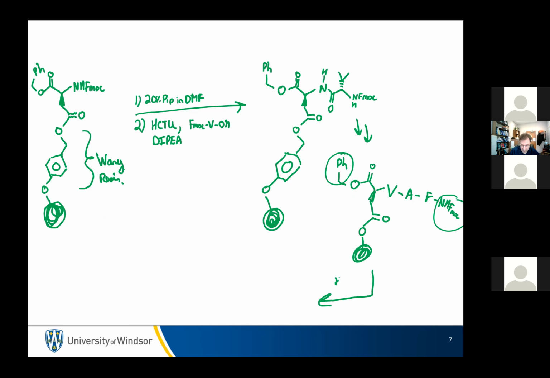So I use hydrogen gas and probably a soluble palladium source. If I use palladium on carbon, it's just on a solid support, and I'm trying to react something on a solid support with something on a solid support, and that never goes well. So palladium acetate. And then also, you know, piperidine in DMF after that.